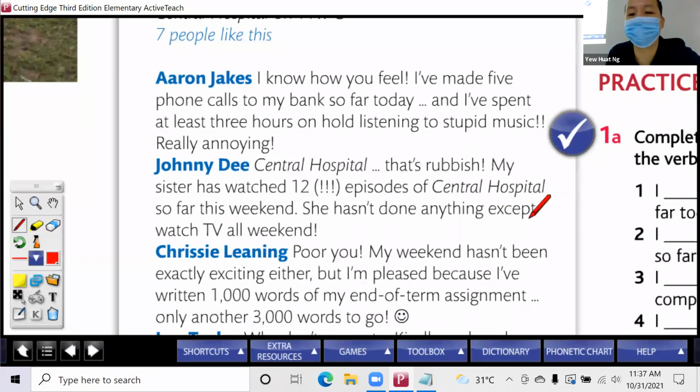Central Hospital, that's rubbish. Hey, how do I translate this into Chinese? That's rubbish. The easy translation is 垃圾. Yes, but how do I translate this meaning, what is the correct translation for this?